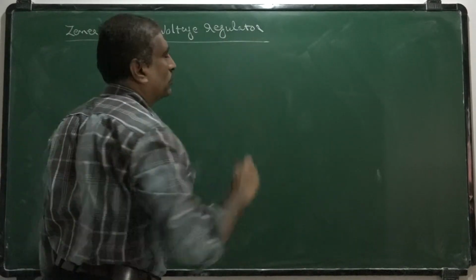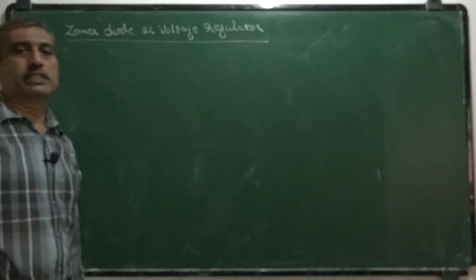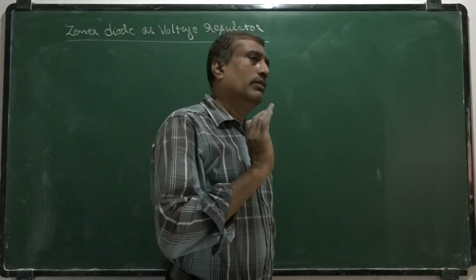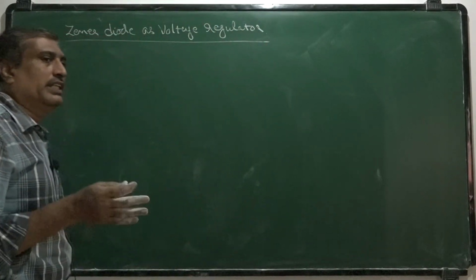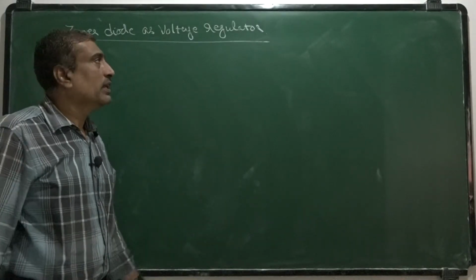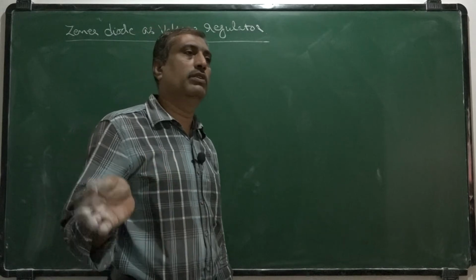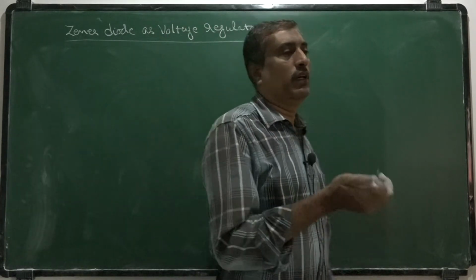Zener diode as voltage regulator. So what does voltage regulator mean? A voltage regulator is a device which gives constant output voltage even though there are variations or changes in the input voltage.